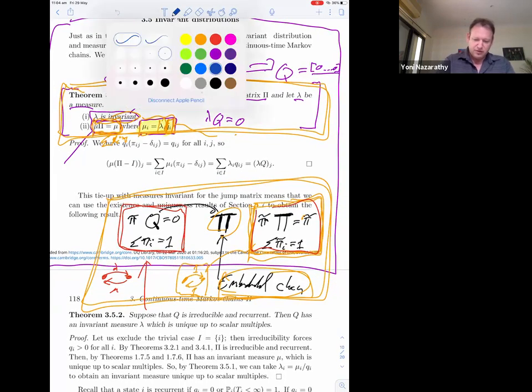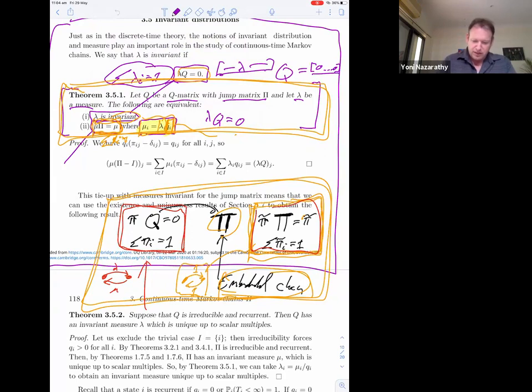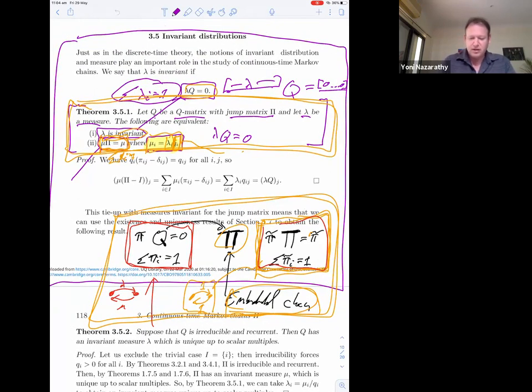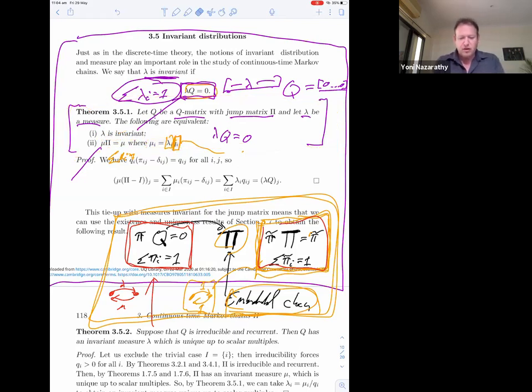So an invariant measure, it's not a distribution at this point, it's just a sequence of numbers, which you just call a measure. If your finite state space is a vector, it is something that satisfies this system of equations. And so it's on the way to being a stationary distribution, okay?